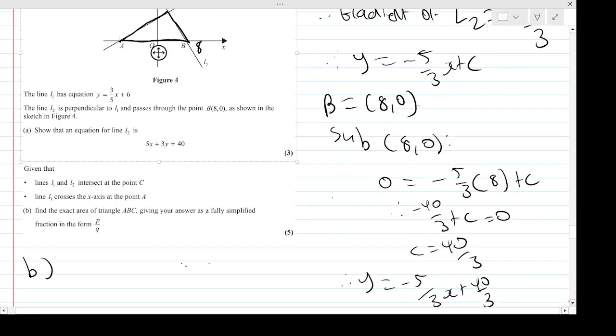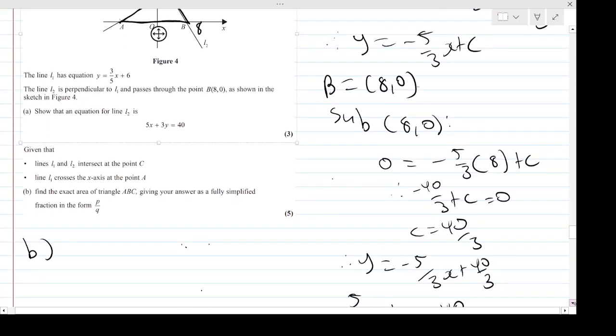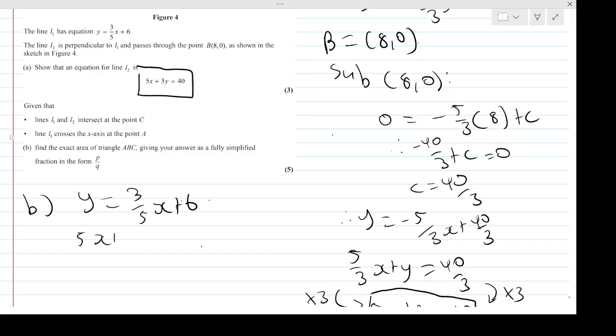Firstly, C. I'm up here at C. Both lines intersect each other. That means they're going to equal each other. So the equation of L1 is y equals 3 over 5x plus 6, and the other equation L2 is 5x plus 3y is equal to 40.